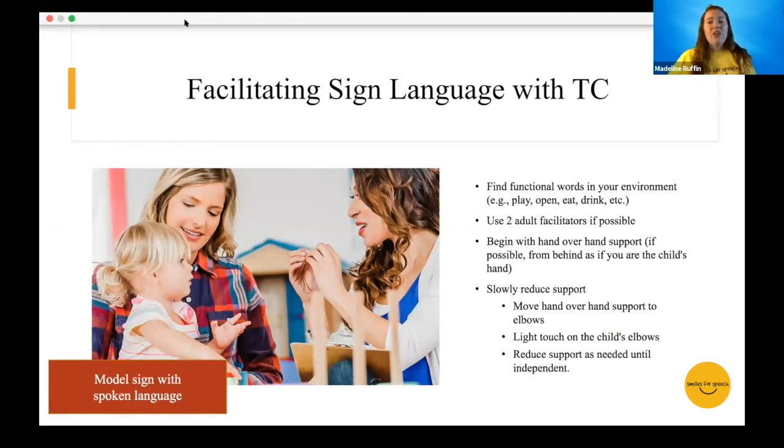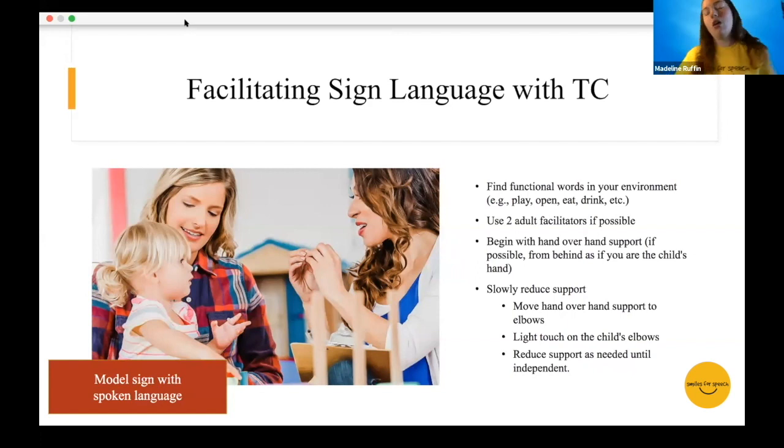So first we want to find functional words in our environment. What I mean by functional is that those are the words that are going to do the most for that student. It's going to be a request like eat or drink or play, things that are really motivating for them.